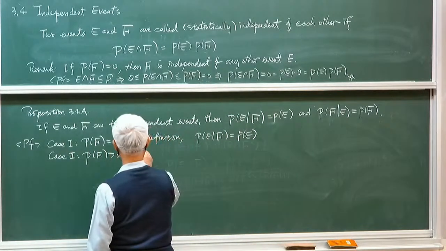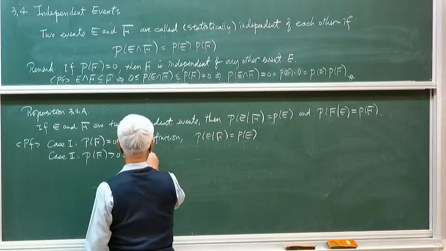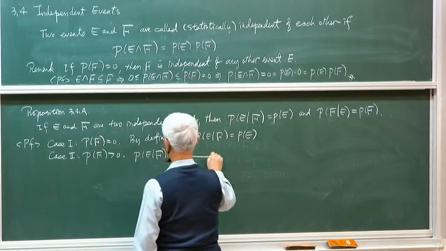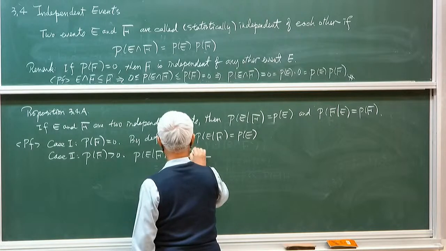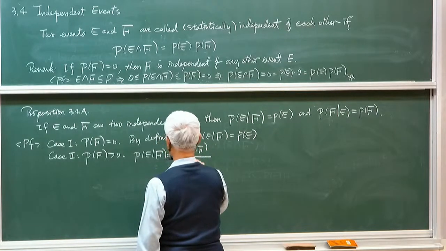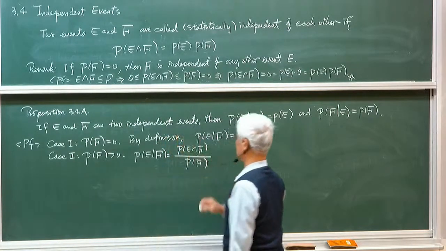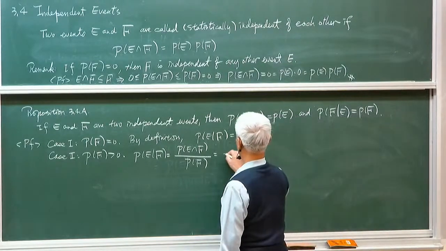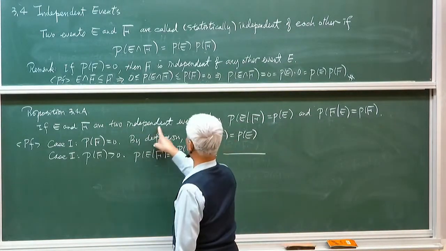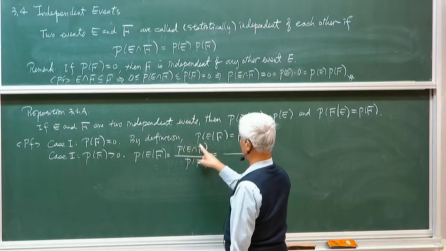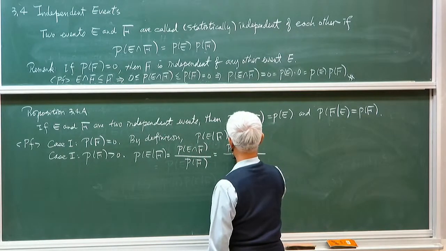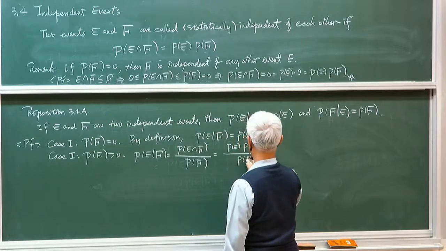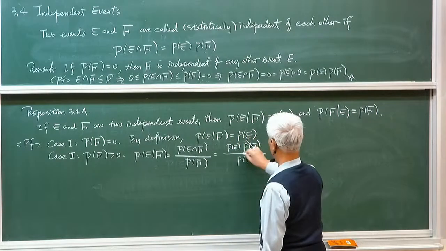Now we know the probability of E given F is equal to the probability of E intersect F divided by the probability of F. This is by definition of conditional probability. But now E and F are independent, so their joint probability is the product of the individual probabilities, and so we can cancel them.